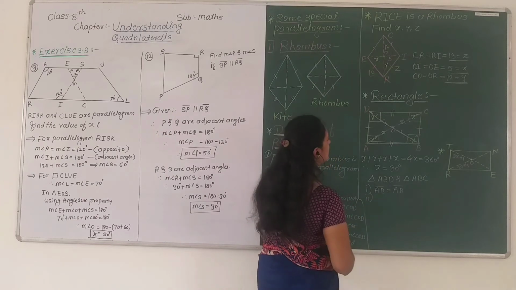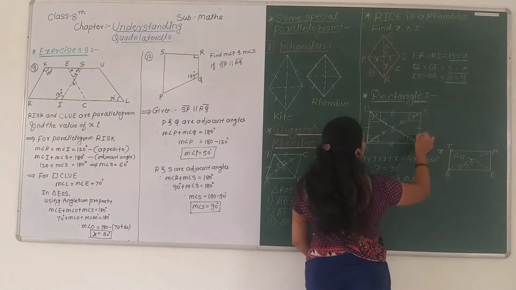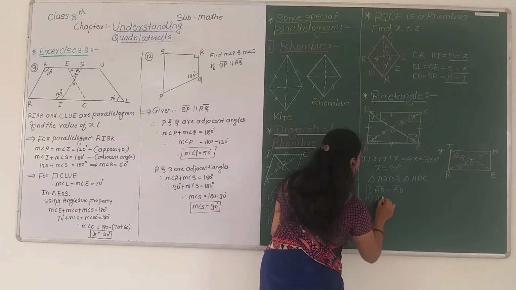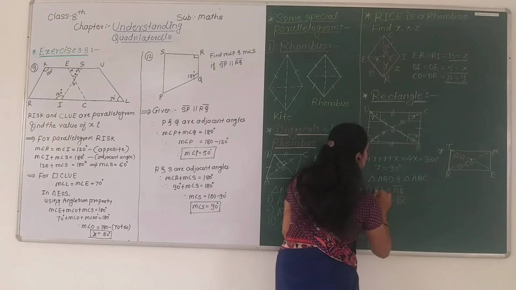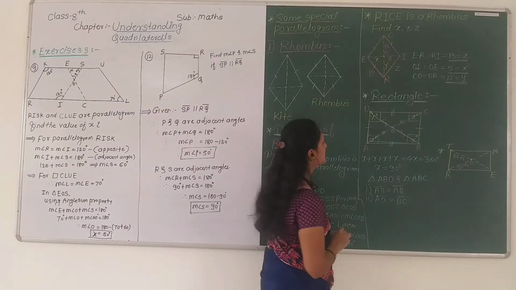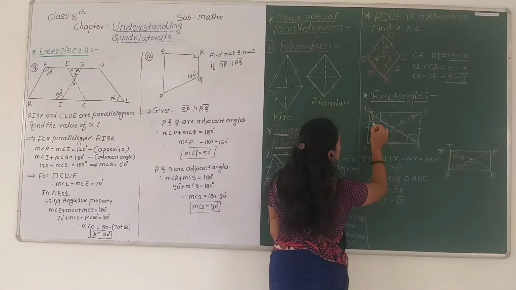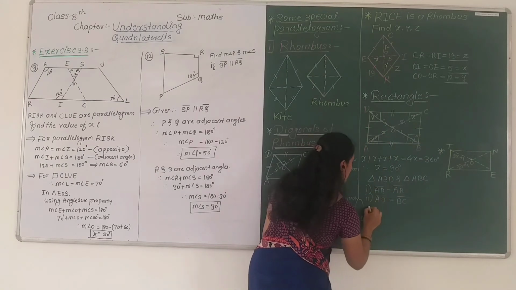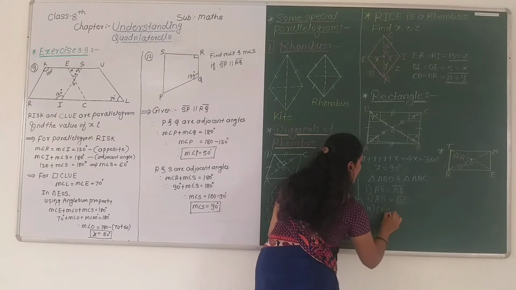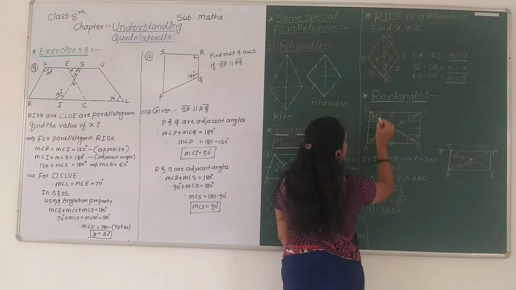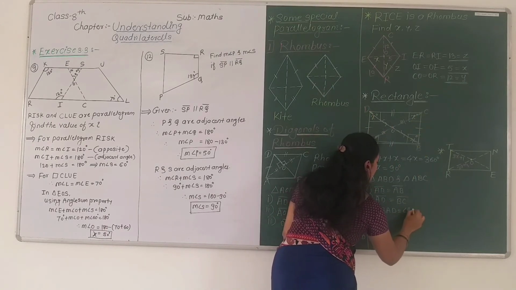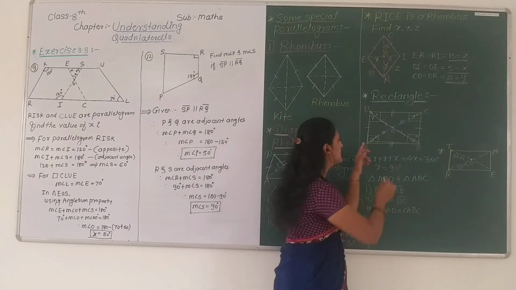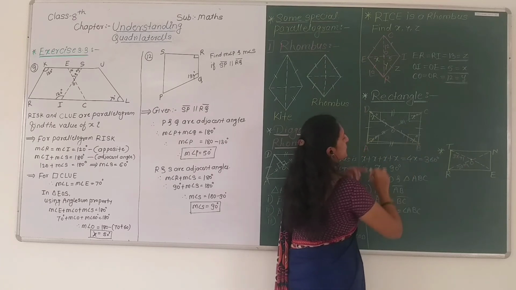For the second, AD bar is equal to BC bar, since opposite sides of a rectangle are the same. Also the measure of angle A and the measure of angle B are the same. That means angle BAD is equal to angle ABC, since all the angles of a rectangle are 90 degrees. So these two angles are the same.